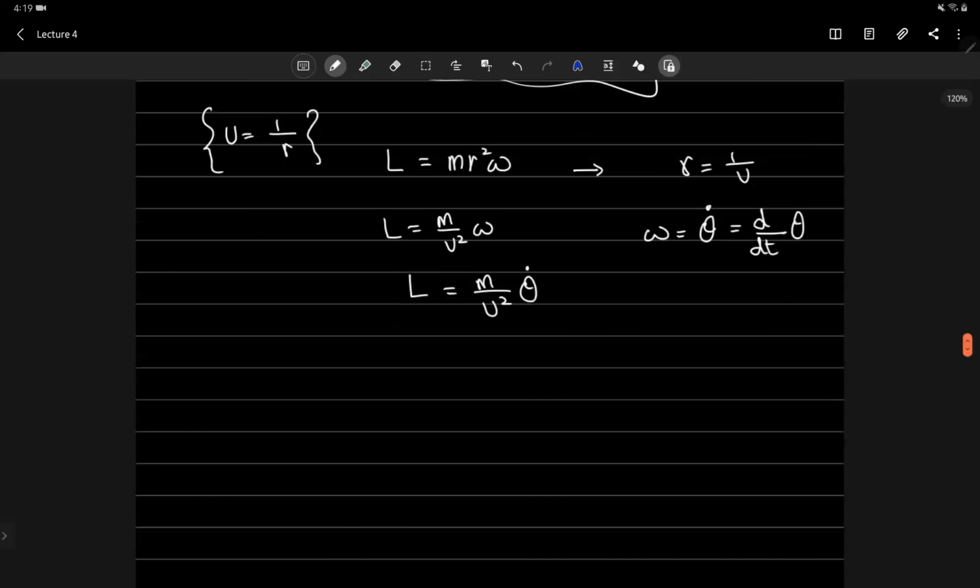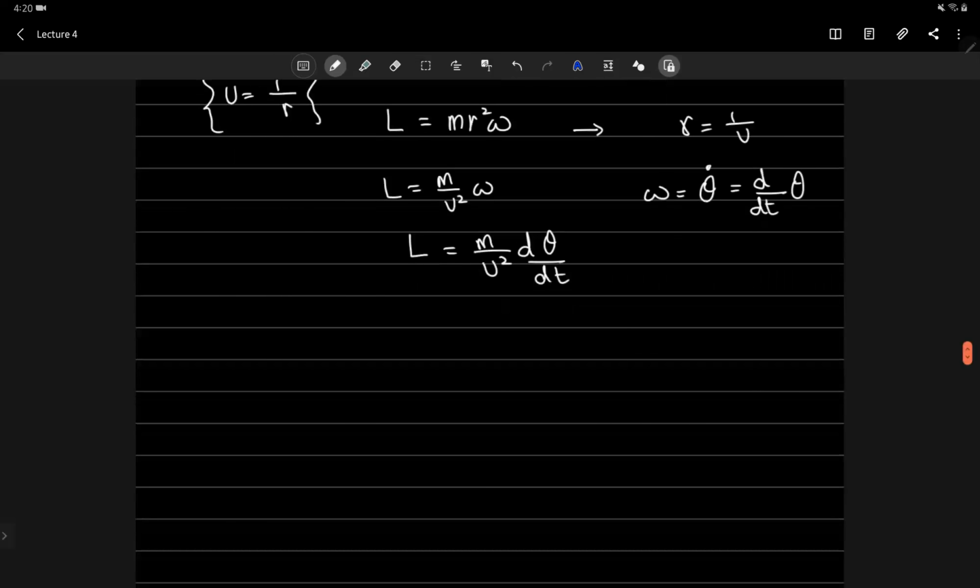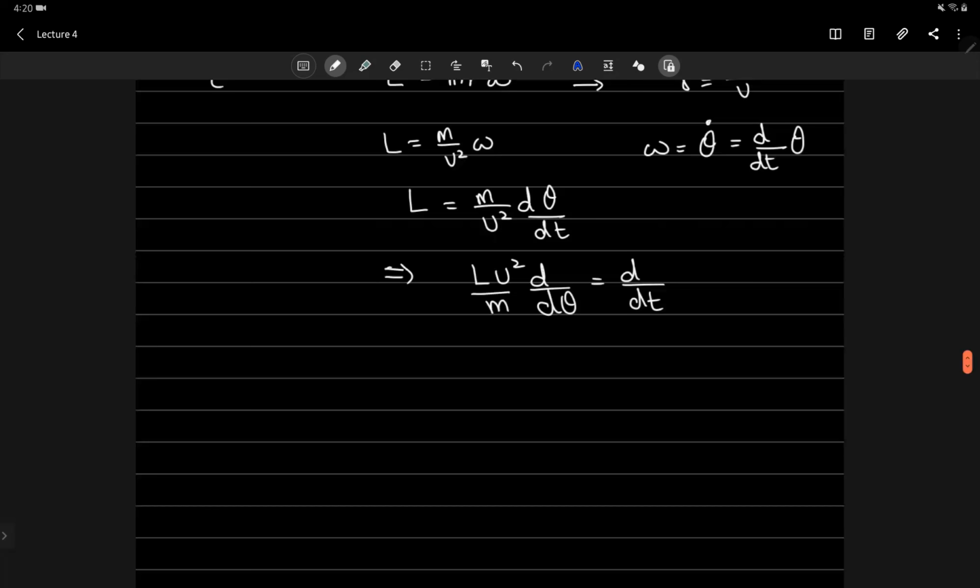And well, in fact, let me just use this notation, d theta over dt. And from this equation, we can immediately get that L times u squared over m is equal to, well, let's bring this theta as well over here. So we would have d over d theta is equal to d over dt.